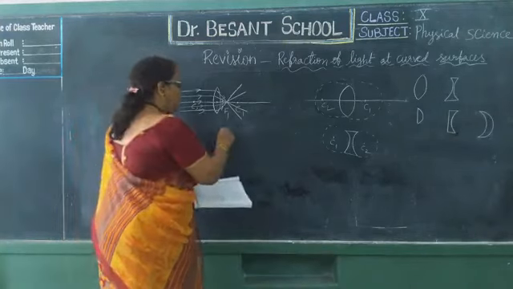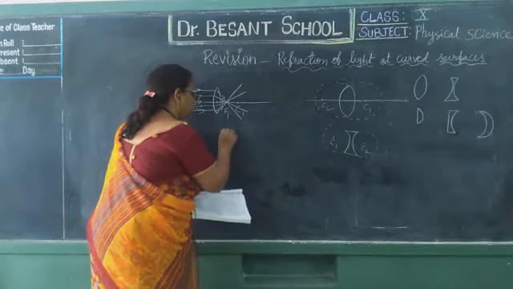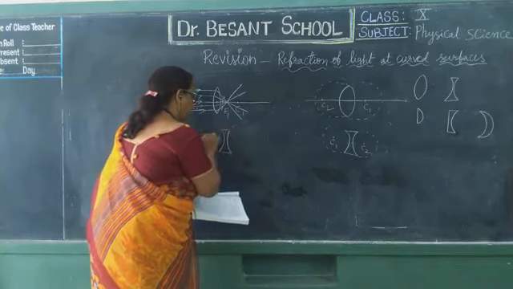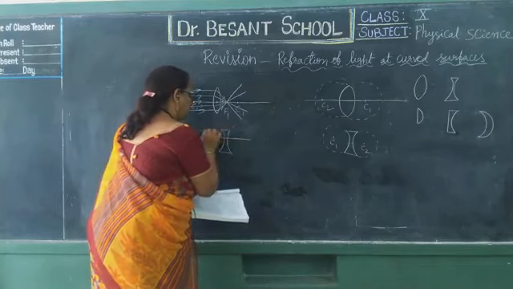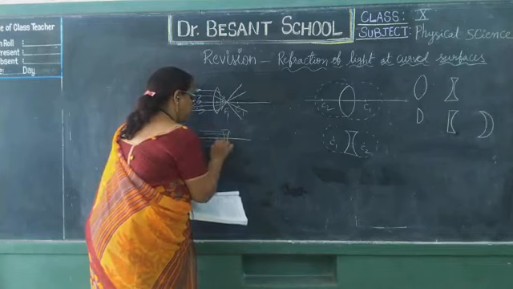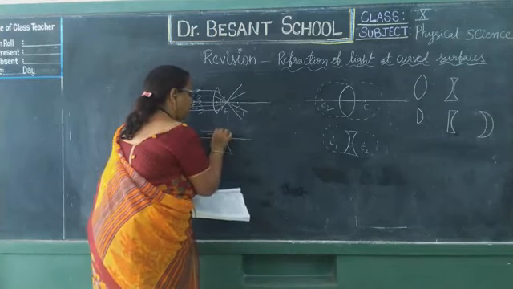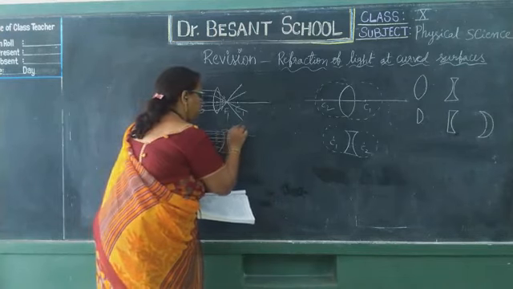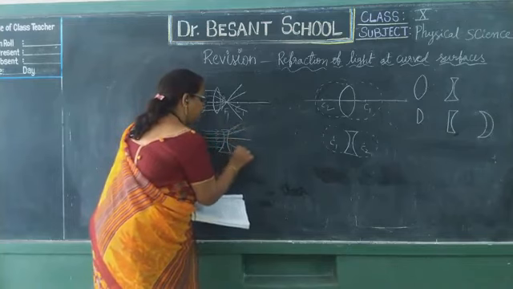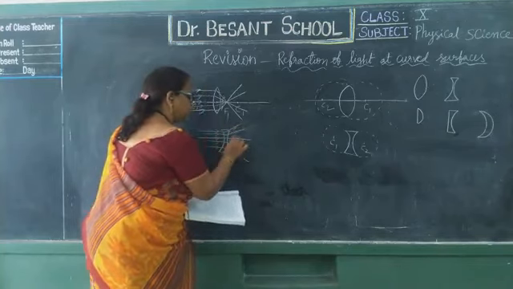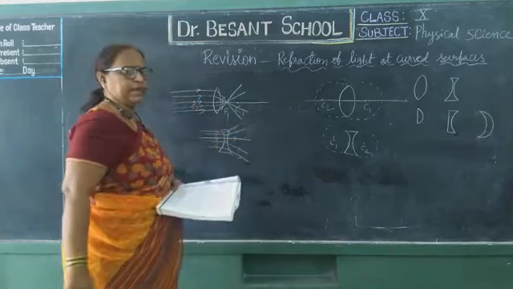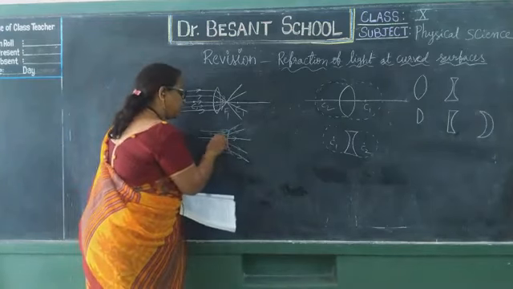Whereas for a concave lens, what will happen? All the incident rays, when the object is at infinity, are parallel to each other. Now what will happen? All the refracted rays will diverge. These are the refracted rays which will diverge. Now extend those refracted rays backwards.